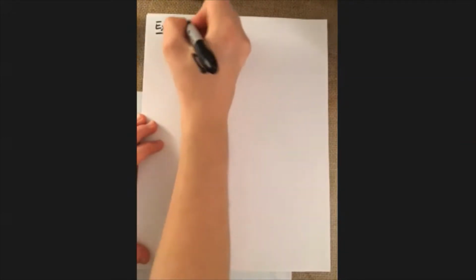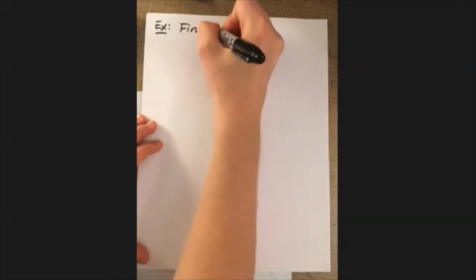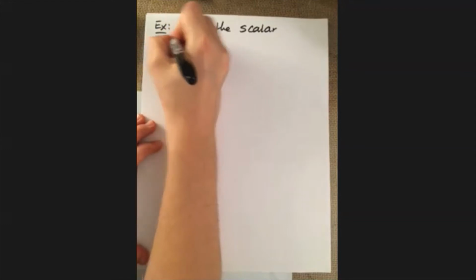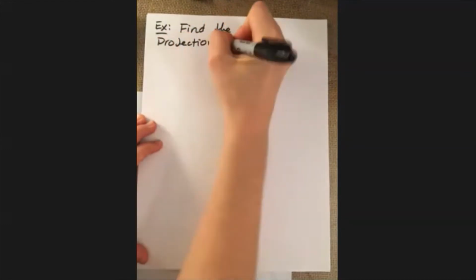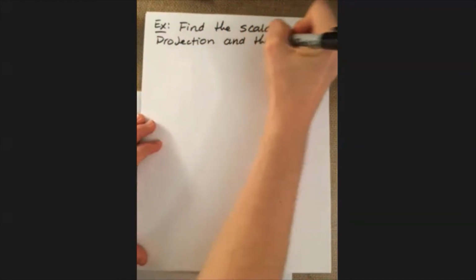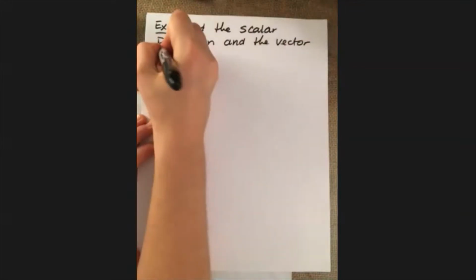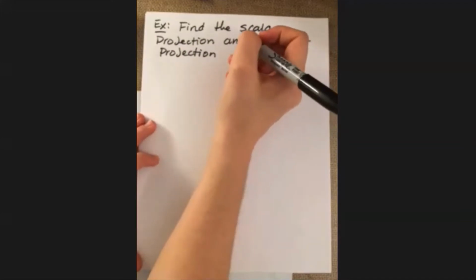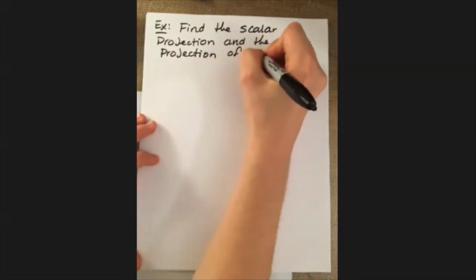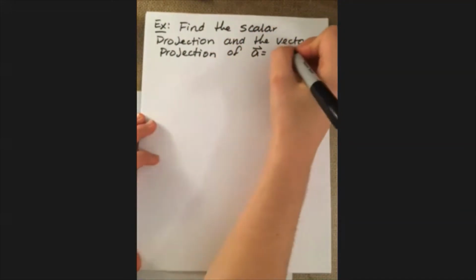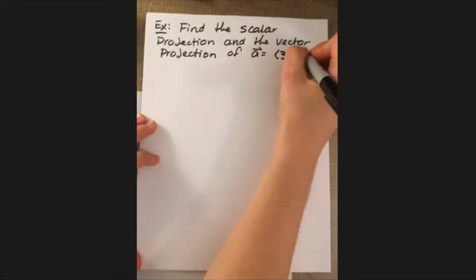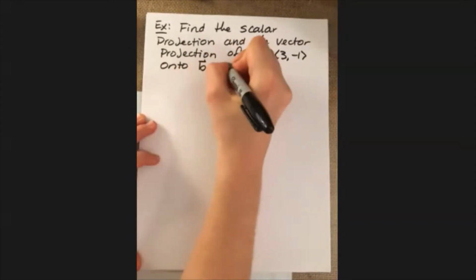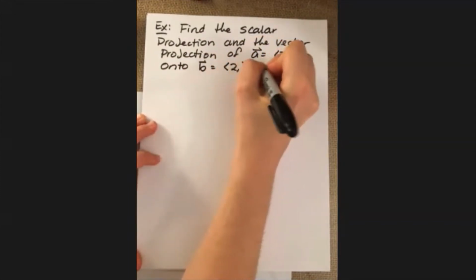In this example, we are going to find the scalar projection and the vector projection of A equal to (3, -1) onto B equal to (2, 7).